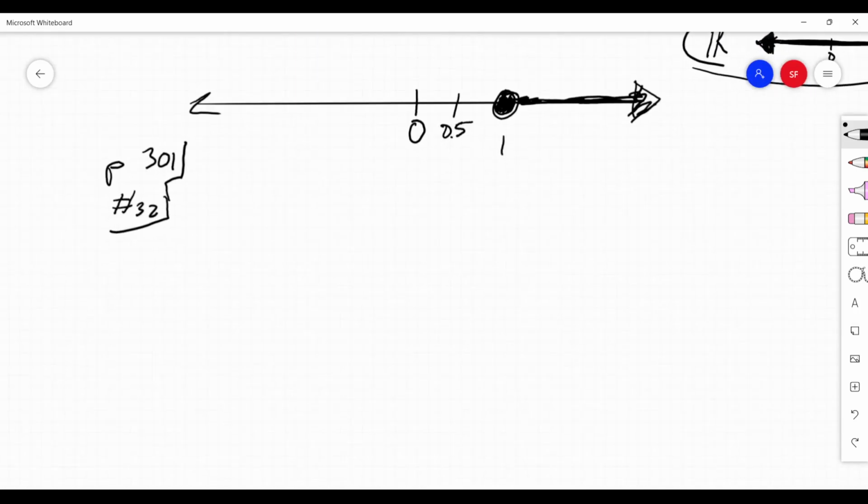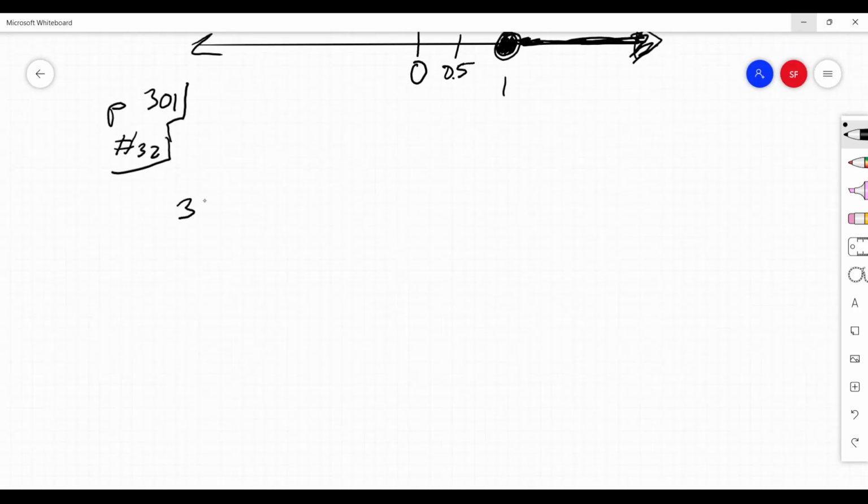It is 3 times the quantity of 2 minus b is less than 10 minus 3 times the quantity b minus 6. So we got to solve and graph. So what are we going to do? Distribute the 3 and the -3. Sounds good.